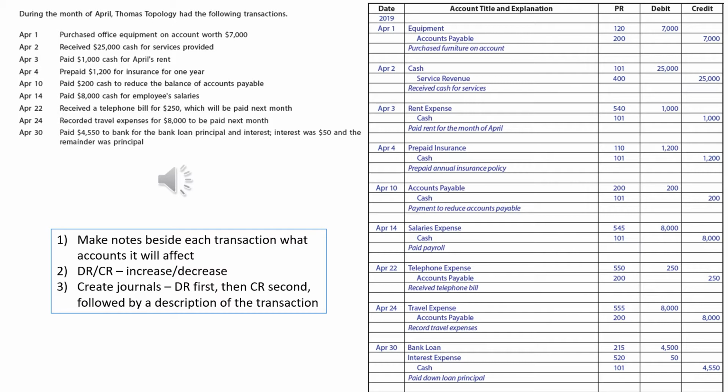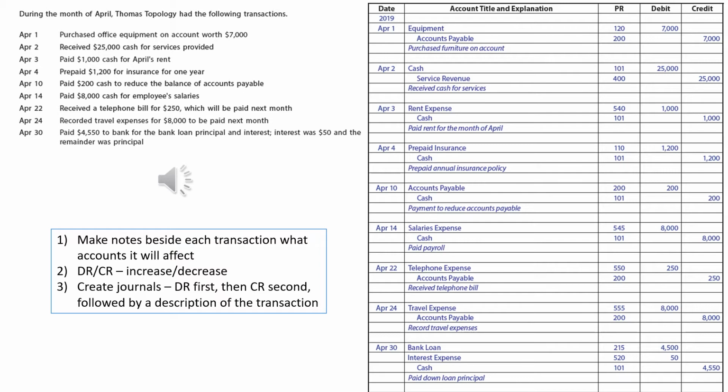So in this example, on April 1st, Thomas Topology purchased office equipment on account for $7,000. So now he has office equipment. So it's equipment and asset. You will debit the asset in order to increase the value of that equipment by $7,000, and you will credit the fact that he now owes, so therefore it's an accounts payable for the same $7,000.